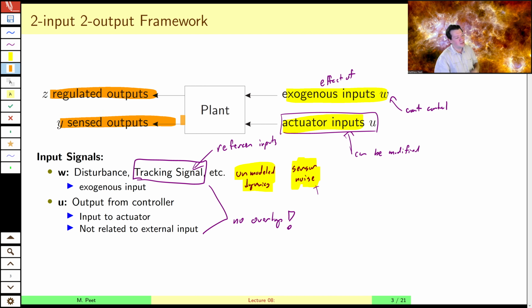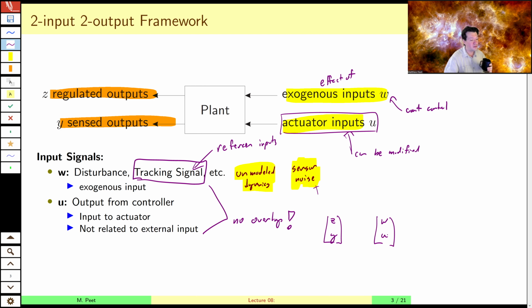So the first step in analyzing a system to be controlled is identifying all these inputs. And then once we've done this, we have a system representation of each of these signals. The first set of signals is Z and Y, and the second set of signals is W and U. And we give them different letters to allow us to remember that they are in fact different signals.